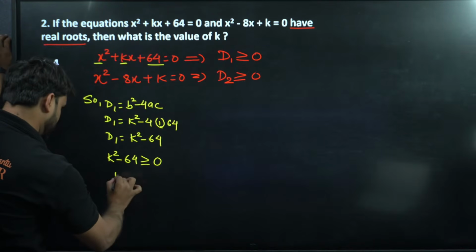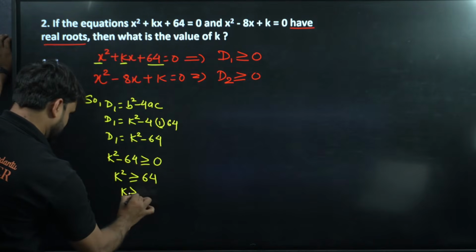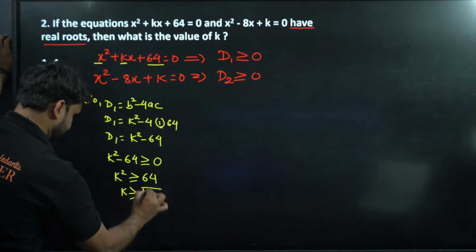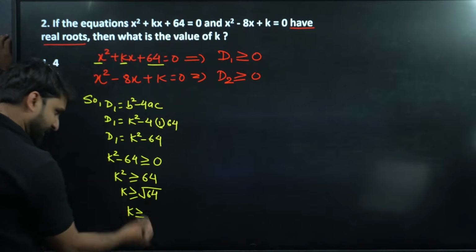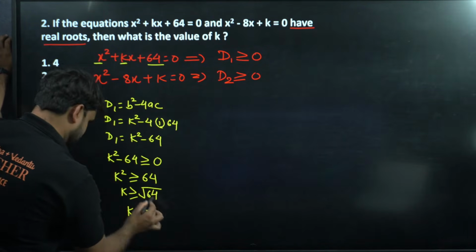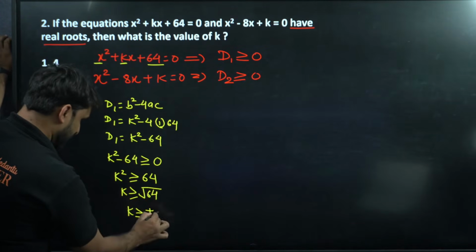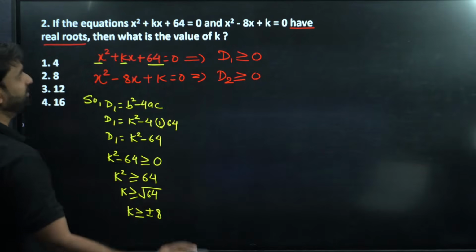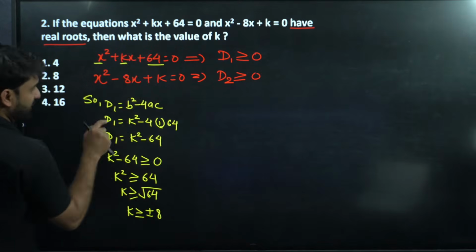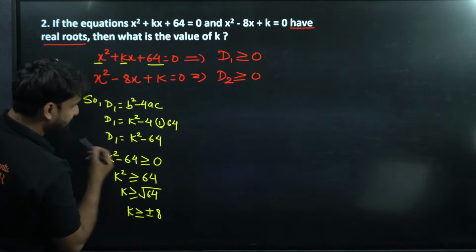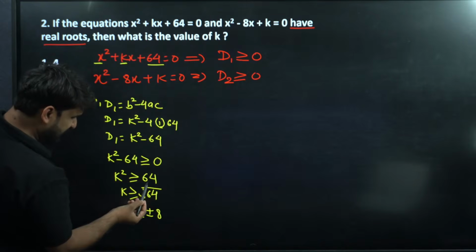So minus 64 will go there. So k square is greater than equal to 64, and we can write k will be greater than equal to plus minus the root of 64, and we all know the root of 64 is 8.